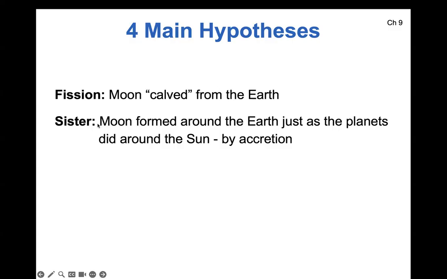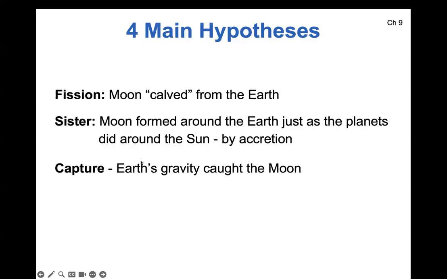Okay. Another hypothesis proposes that the moon formed around the Earth just as the planets did around the sun, by accretion. So it was just a separate accretion of planetesimals, and it just happened to be close enough to us that we were gravitationally locked, but it formed completely separately.